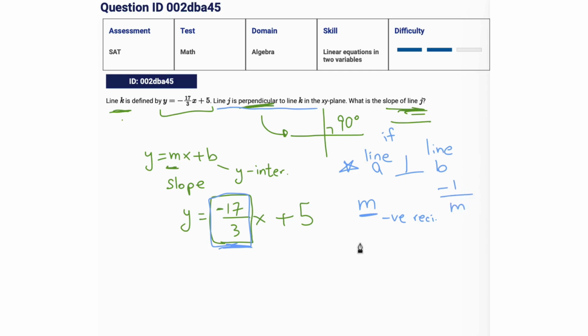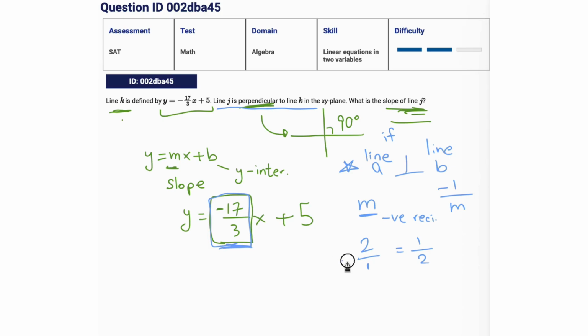So basically, let me take a number instead of a letter. For example, 2. The reciprocal of 2 would be 1 over 2, because 2 is being divided by 1.